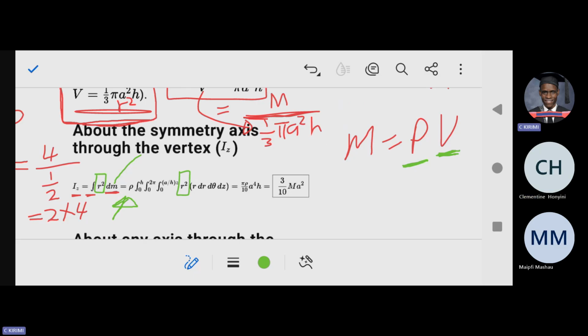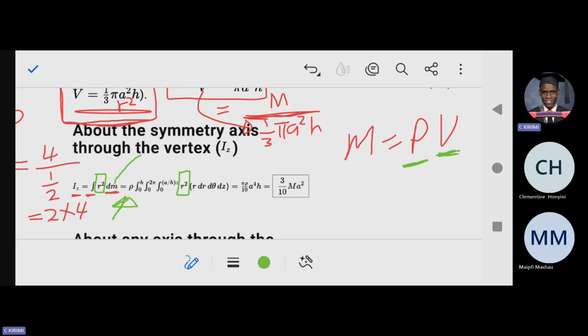Is that clear? Now we are going to the volume element. The volume element will be r, dr, d theta, dz.